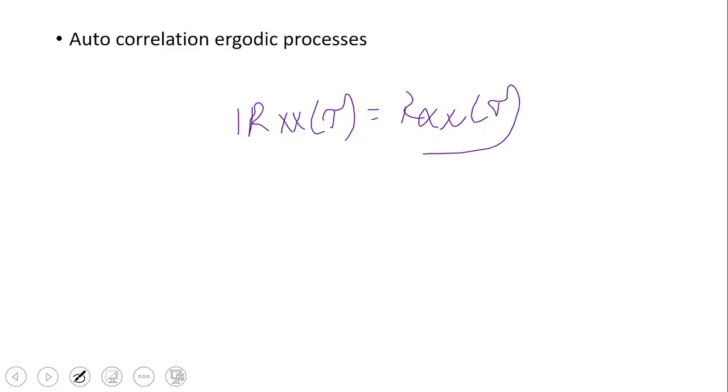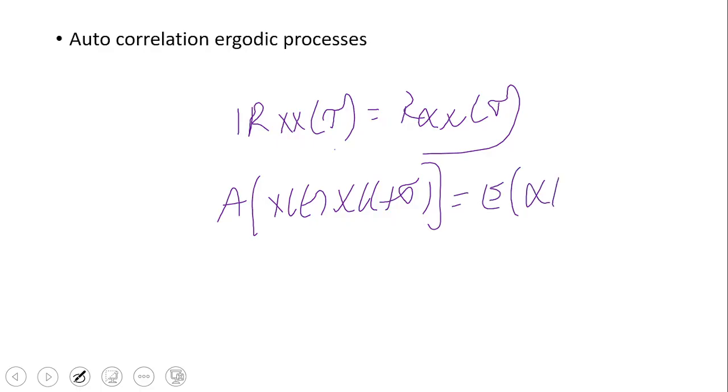Then autocorrelation ergodic is R xx of tau time equal to R xx of tau, that is the time autocorrelation function is equal to the autocorrelation function, that is A of x of t x of t plus tau is equal to the expected value of x of t x of t plus tau.